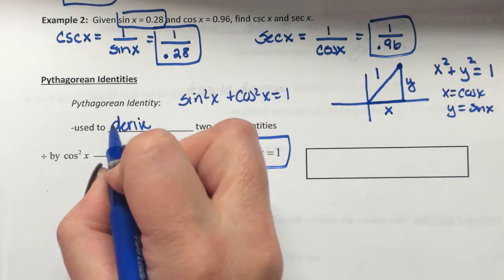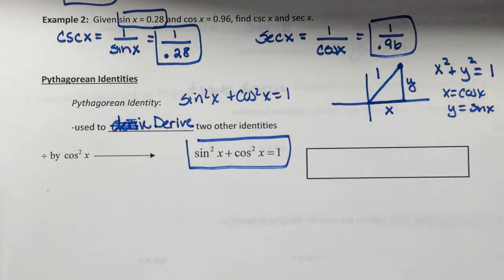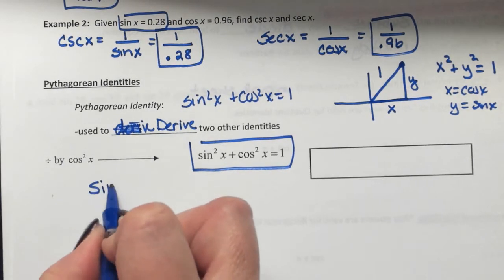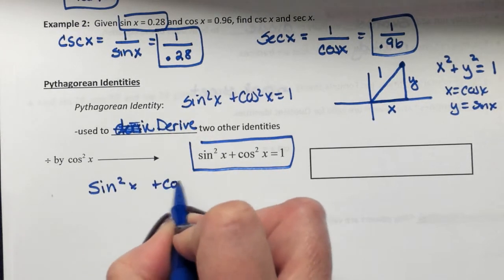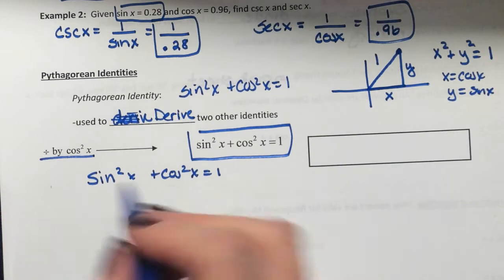Again, we use this to derive the other two identities. If you can remember sine squared plus cosine squared equals 1, you can come up with all the others. The way we come up with the others is let's take sine squared x plus cosine squared x, and divide everything by cosine squared.